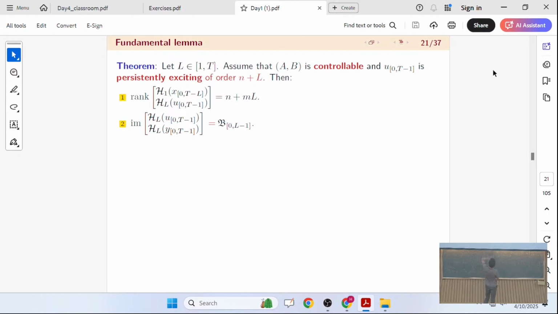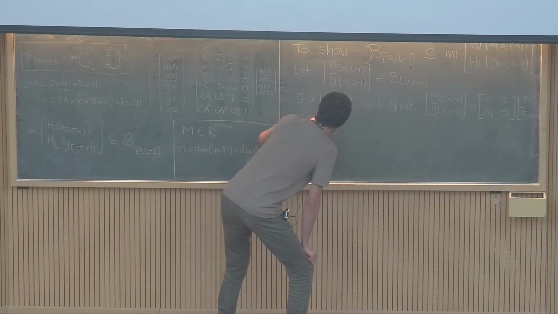Which means, actually, that from item 1, we can now say that there exists some vector g.